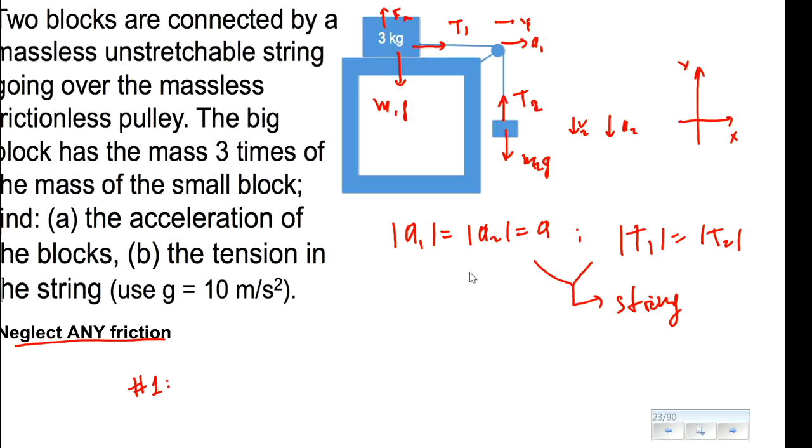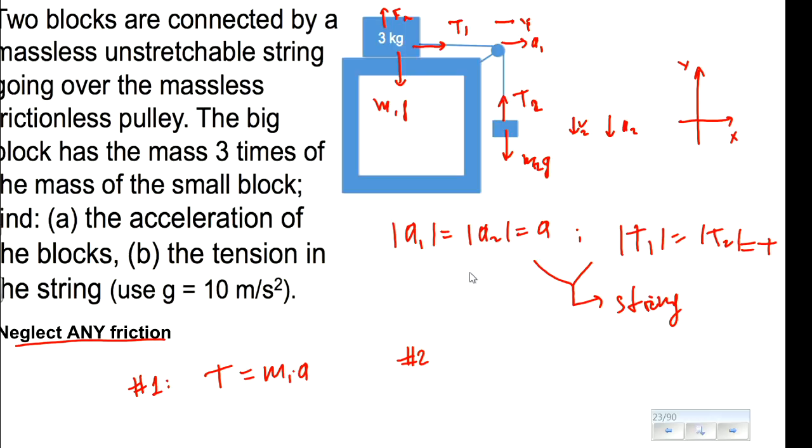Again, all forces of gravity cancel each other out. They don't matter. The only force responsible for acceleration is the force of tension. And so tension will be equal to mass of the first object times acceleration. Object number two.